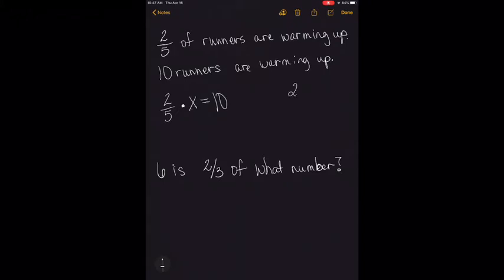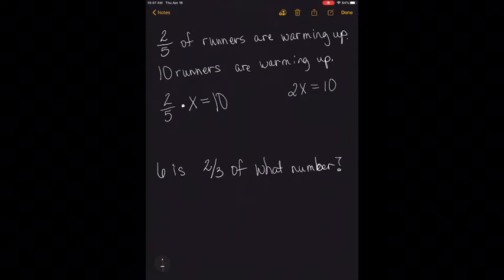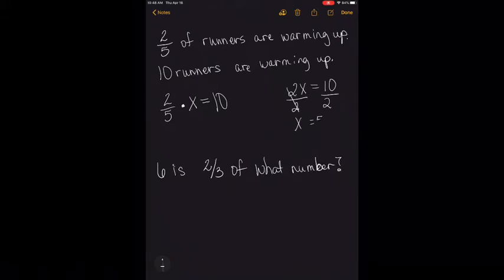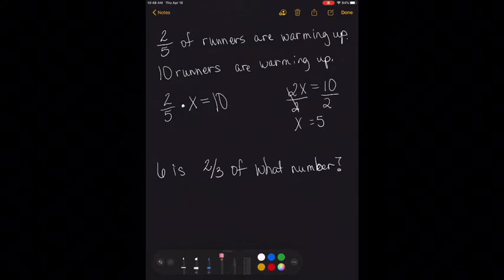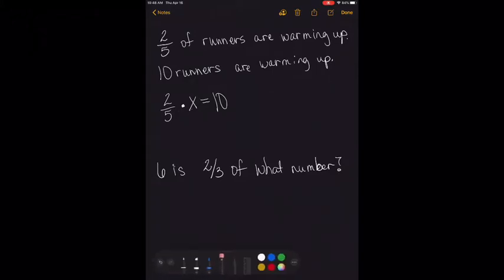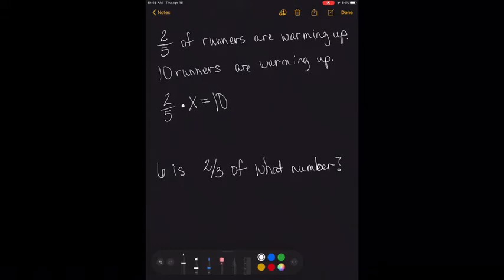Okay, so normally when we have equations like that, let's say we had 2 times an unknown number equals 10. We would divide both sides by 2, and our unknown number would be 5 in this case. But in this situation, we are using a fraction.